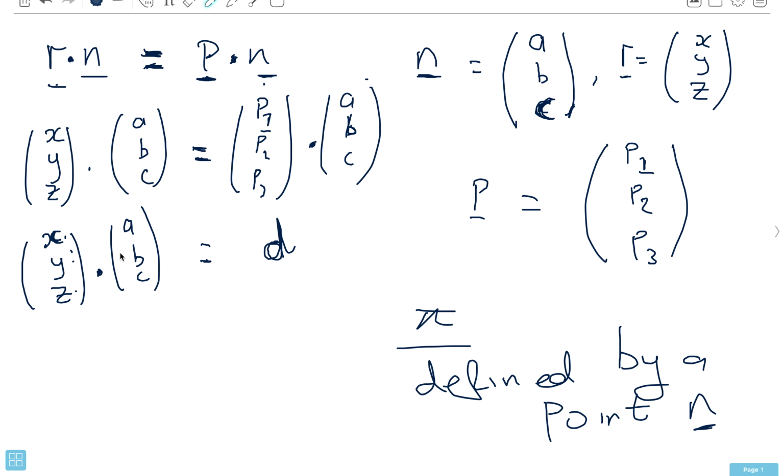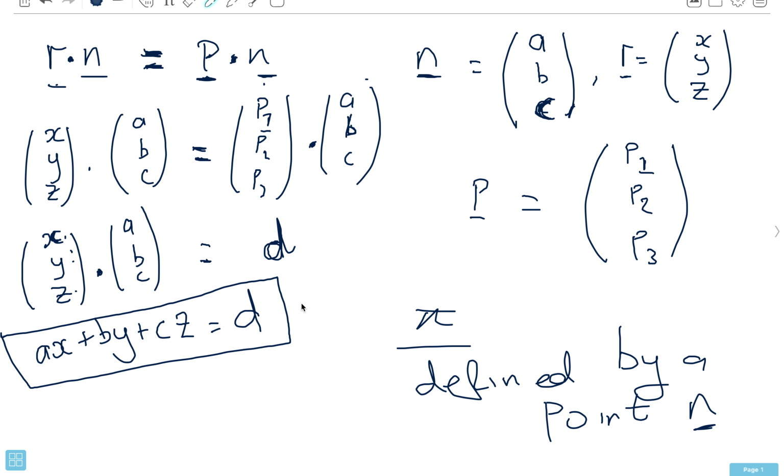Now I'm telling you that if you want to find out if another point is on the plane, you do the dot product between that point and the normal vector. So if I just put these together, this is ax plus by plus cz, which is equal to d.